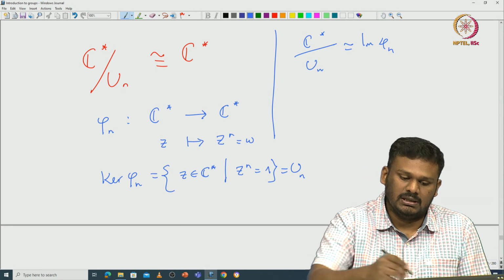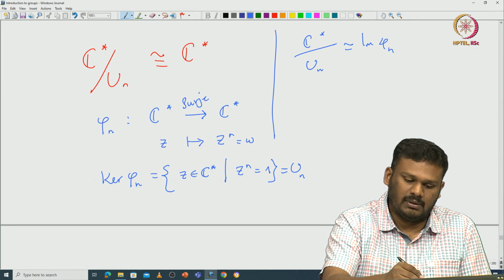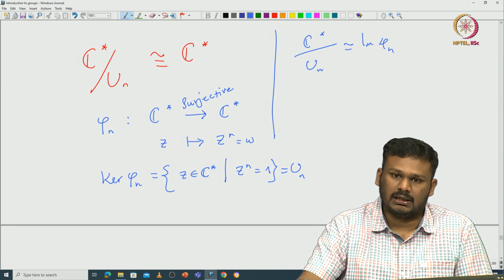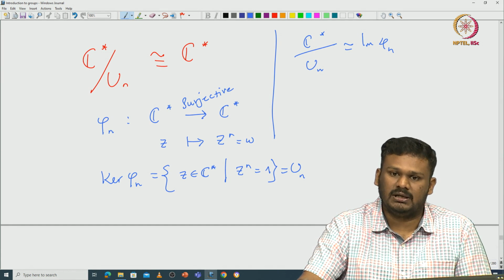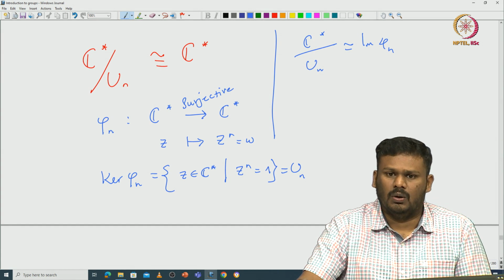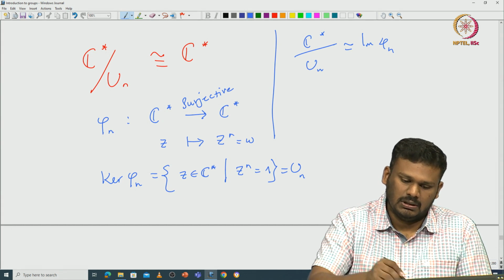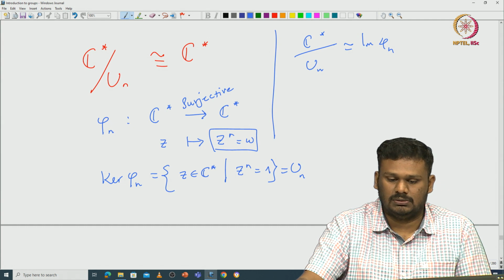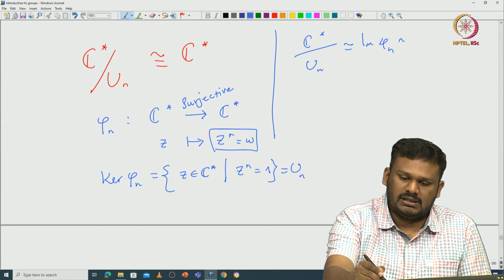That means this map is indeed surjective. This surjection comes from the fundamental theorem of algebra: any polynomial equation over the complex numbers has a solution. We are looking at this particular polynomial equation for given w. So the image is exactly equal to C star.